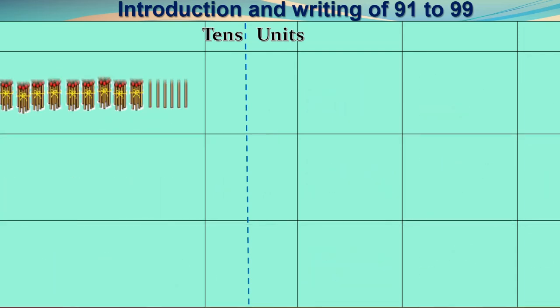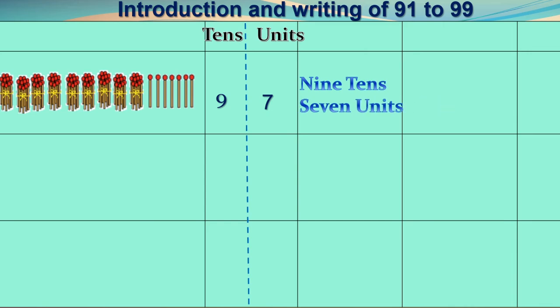We'll add one more to 96. So here we got 9 tens and 7 units, right? Okay, our number is 97. How to write? 90 and 7.